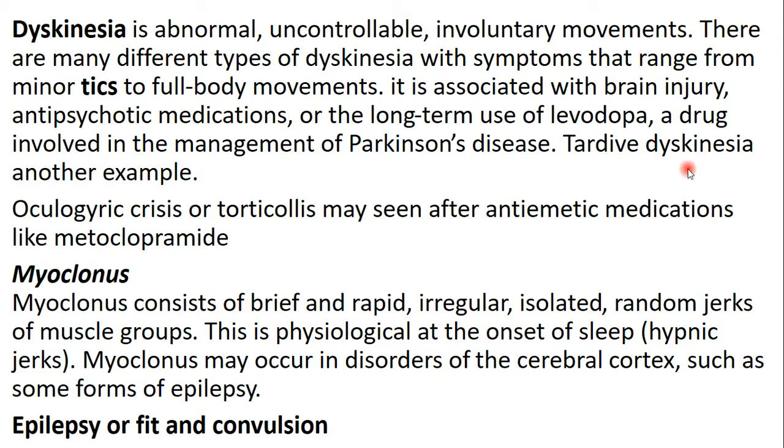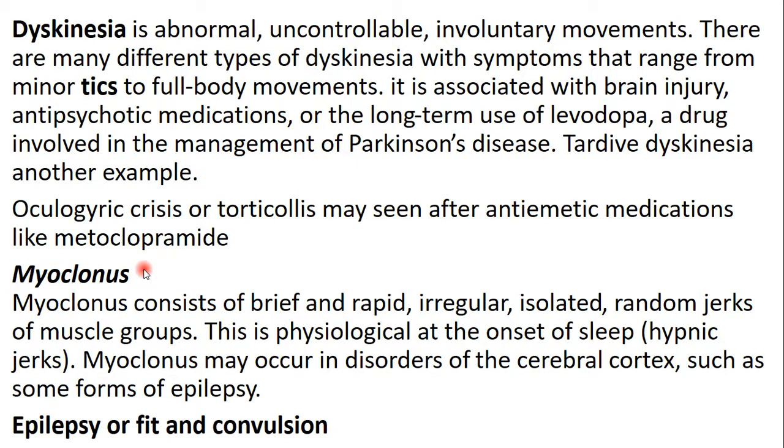In our clinical practice, we used to see cases with oculogyric crisis or torticollis, especially in young patients, commonly female, using antiemetic drugs, for example metoclopramide, Plasil, or prochlorperazine. After we give them these medications, they develop either oculogyric crisis or torticollis, with that dyskinetic movement type of dystonia.